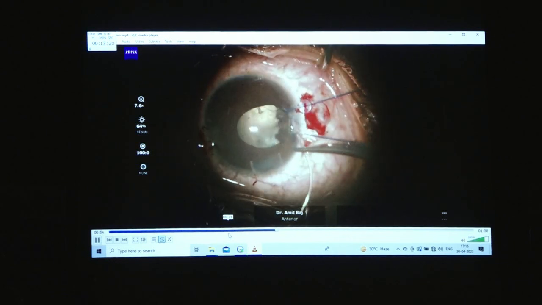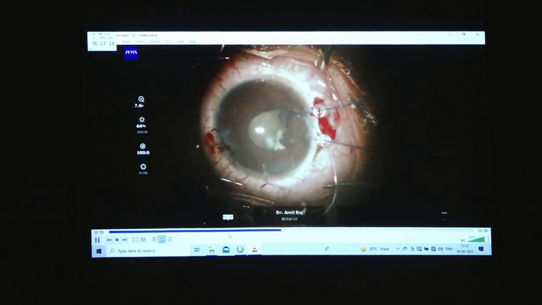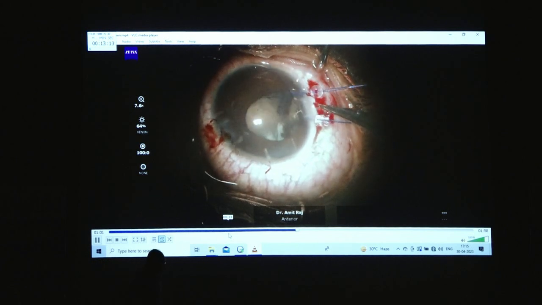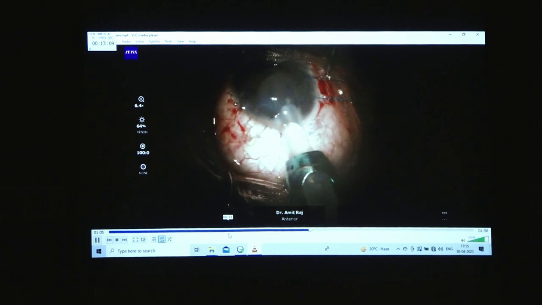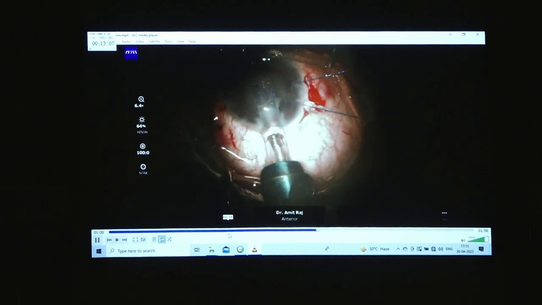During surgery, it was found that there is dialysis also, and subluxation also, so a CTR was put. At that time, basically the segment was not available, and then a 3-piece IOL was implanted.